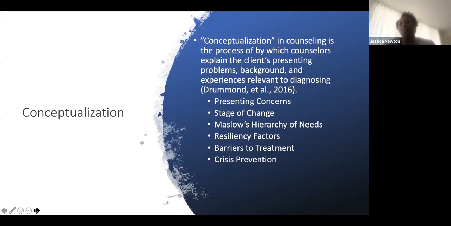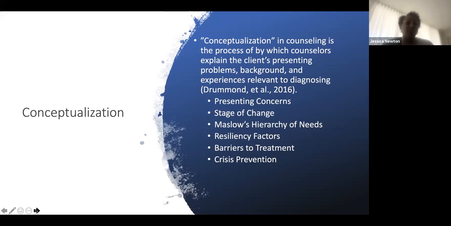Here we have, not only does Drummond mention that presenting problems, background information, and experiences are relevant to diagnosing, but there are other areas that we want to be sure that we cover, that we could potentially incorporate in our clinical process, to ensure that we are hitting important areas.